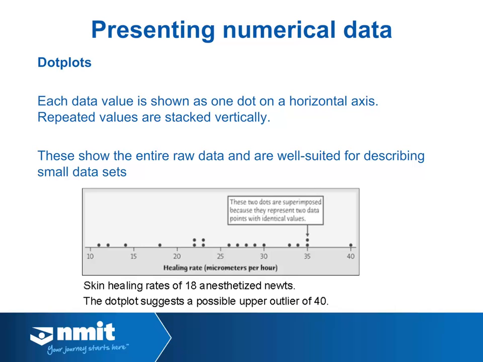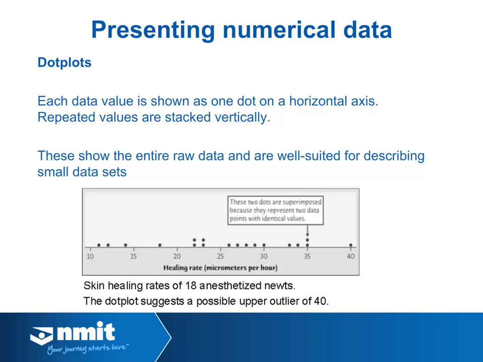And so you represent the full breadth of values possible, or realistic, for that variable with the data set that you have. And then you simply put a dot above the point where a value appears.